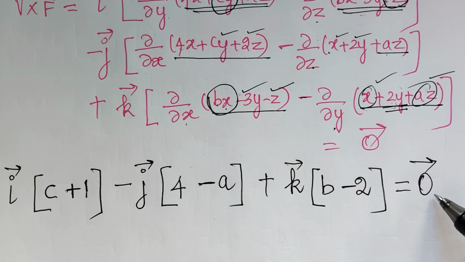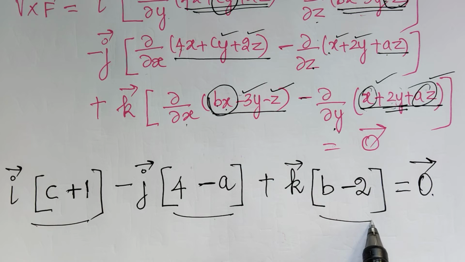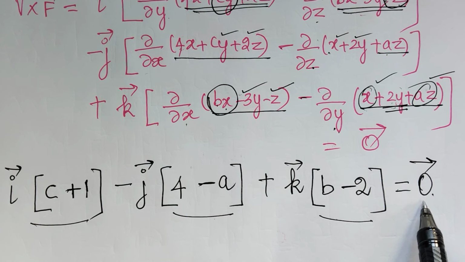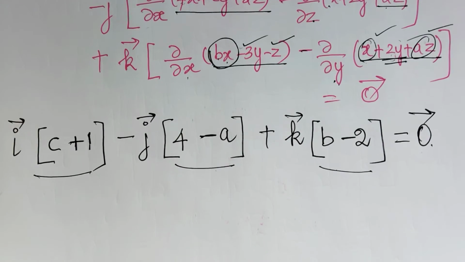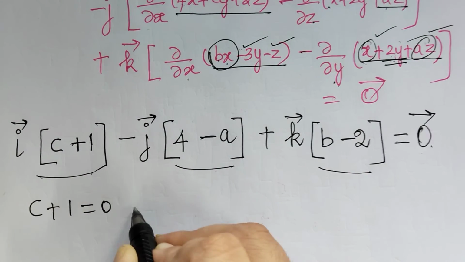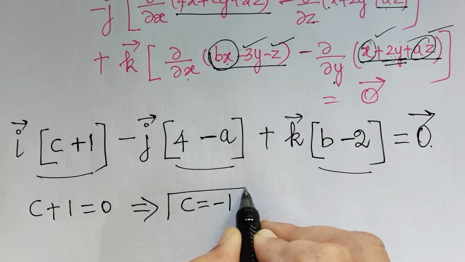Now since the right hand side is a 0 vector, each of the components will be equal to 0. The reason behind this is, we know that 0 vector is 0i vector plus 0j vector plus 0k vector. Therefore, comparing the components on both sides, we will have c plus 1 equal to 0. So from this, we get the value of c to be equal to minus 1.